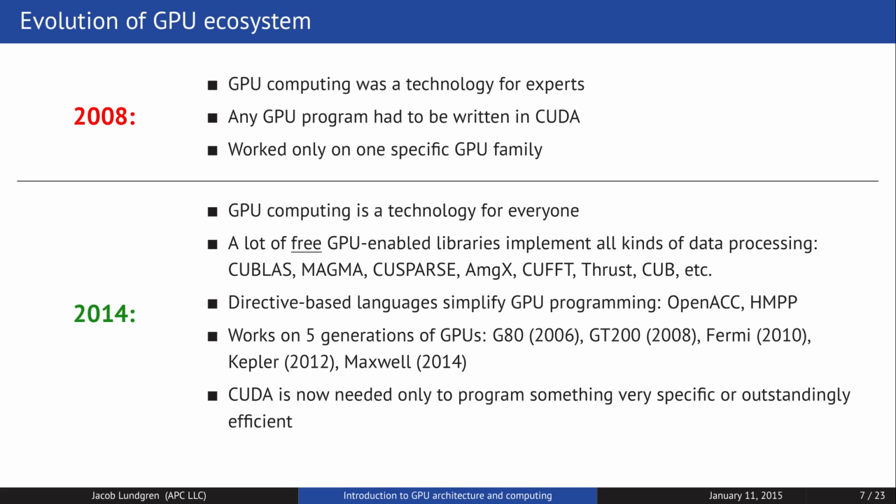These are used when you want to provide some knowledge of the underlying architecture, but don't want to go all the way down to CUDA level. It also works on 5 generations of GPUs, all the way from the G80 generation of 2006 to the Kepler and Maxwell generations of today. CUDA is now something that you only need to be using if you're after something very specific, or if you're looking for the absolute highest performance possible.